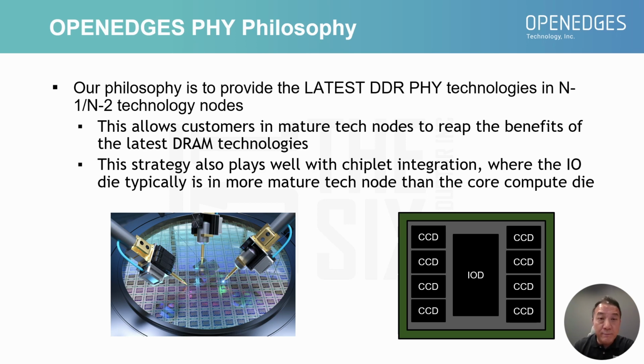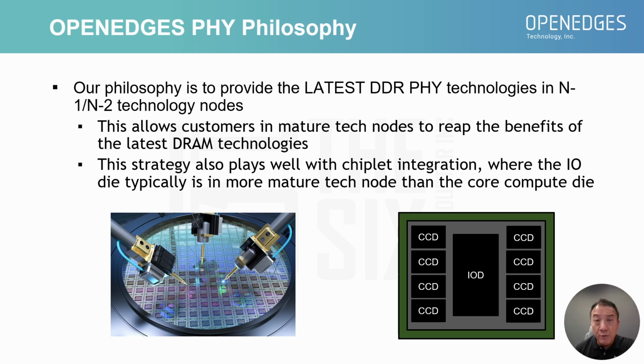We believe that by developing in mature tech nodes, customers using these tech nodes for their SoC and mass production can also get the benefits of the latest DRAM technologies. With chiplets being the next big thing in the semiconductor world, our strategy also plays very well into this ecosystem.